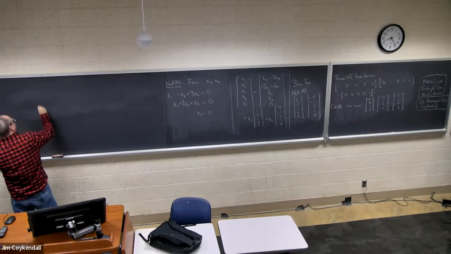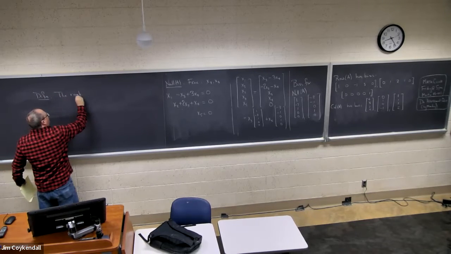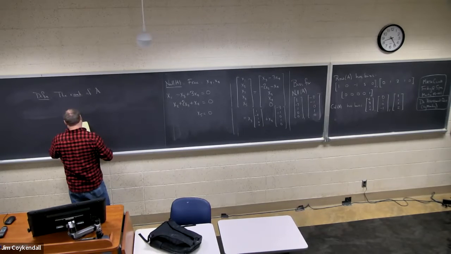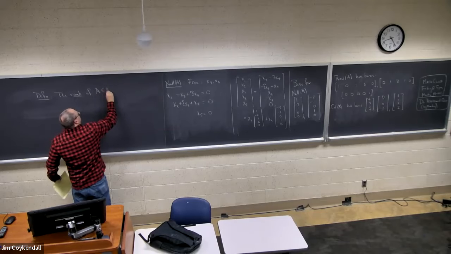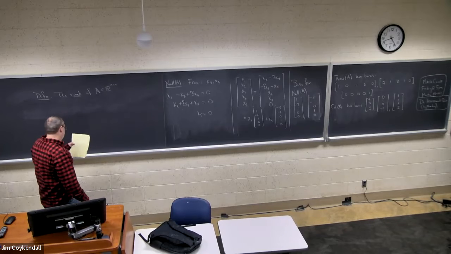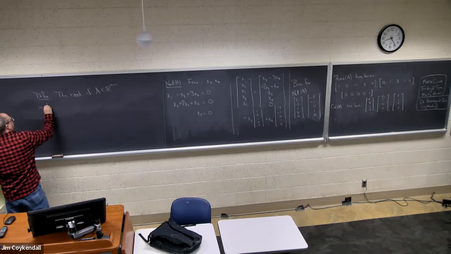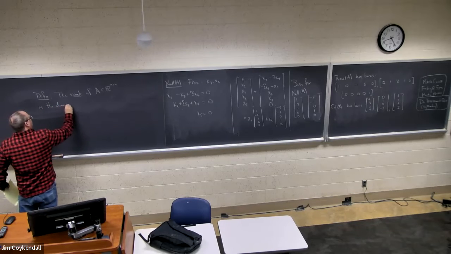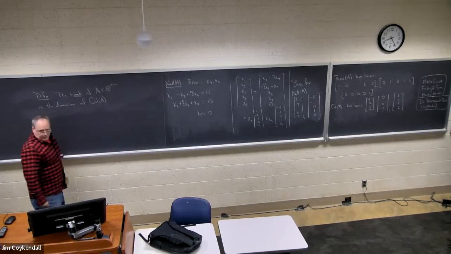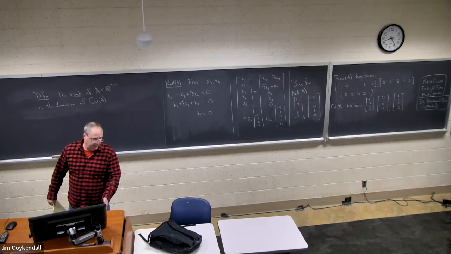Here's the definition. And we've seen this before. When you hear the word rank for a matrix, that is the dimension of the column space.